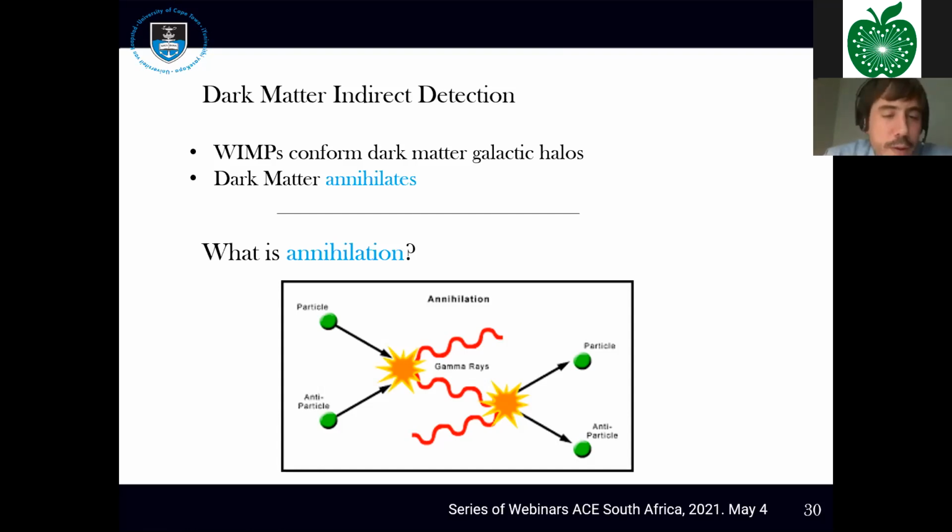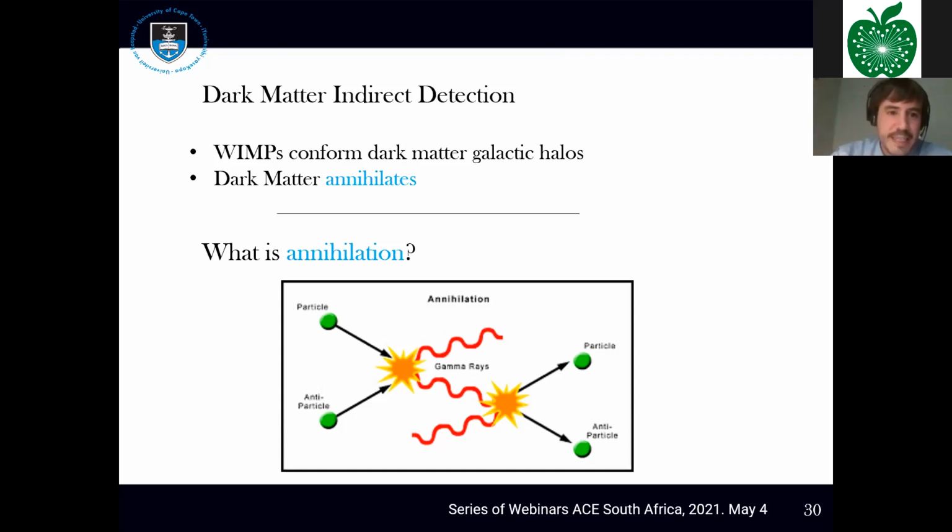So when a particle collides with its antiparticle, what happens is that annihilation occurs. And the result of the annihilation of two particles is radiation, let me call it like that, or also other particles, particle and antiparticle.